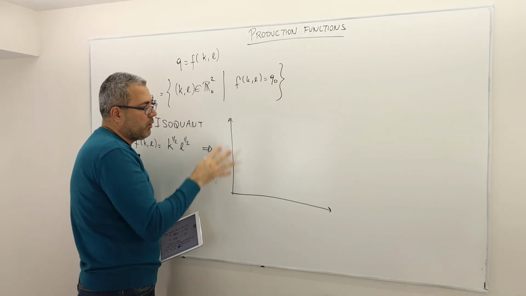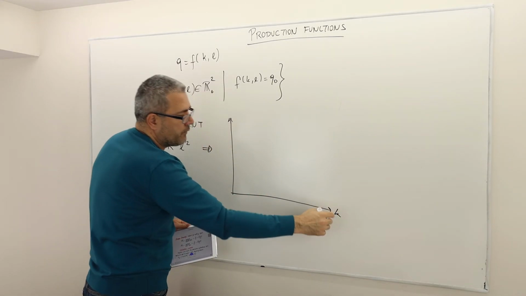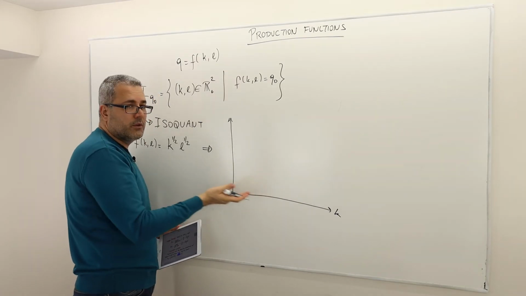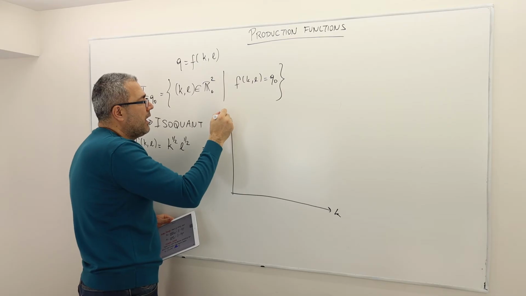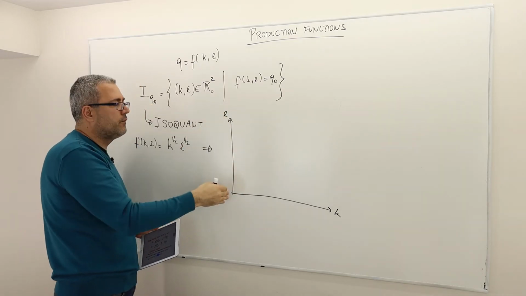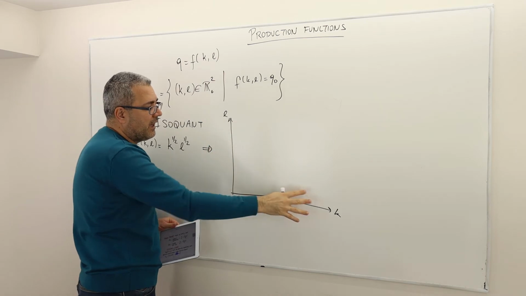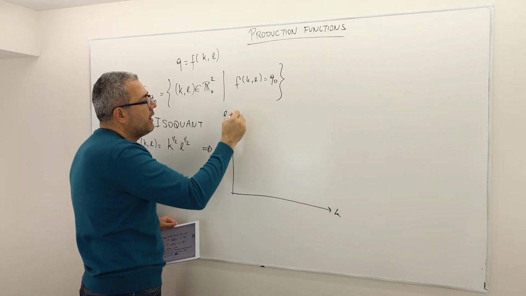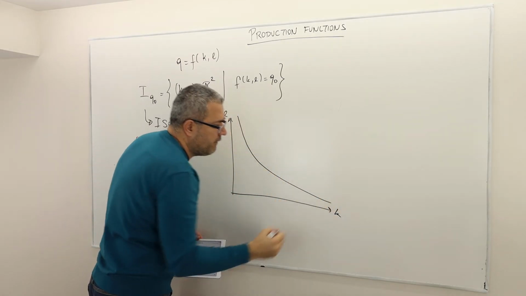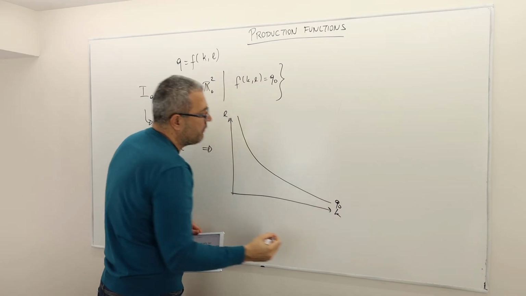where do we draw it? We draw it in a two-dimensional space where the horizontal axis is usually the first input, which is capital, and the vertical axis is the second input, labor. The K, L combinations that give me exactly Q0 amount of output give you this type of shape. So this is Q0 amount of output.